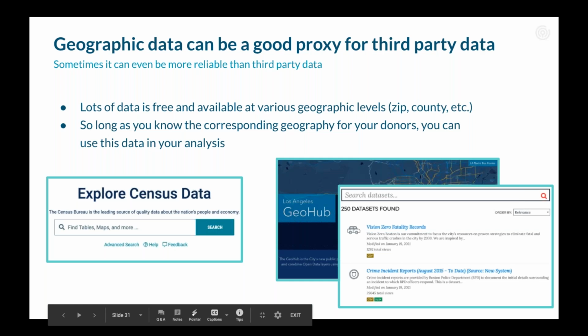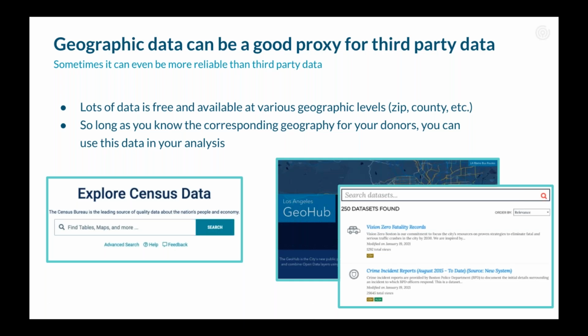Now, you might not always have access to third-party data, so though it's not technically third-party data in the definition that I just shared, we did want to share a free resource that is typically available and can often be a good proxy for third-party data, which is geographic data. You can think of geographic data as things like census results or results from the American Community Surveys or even city open data portals.